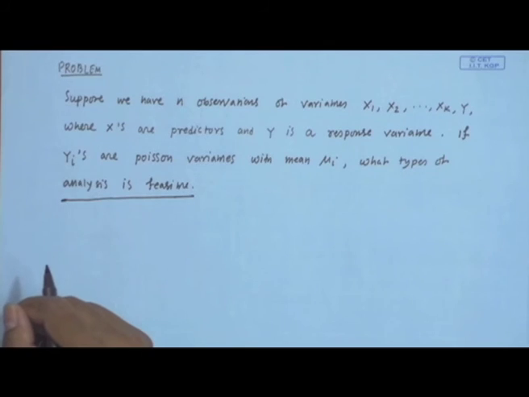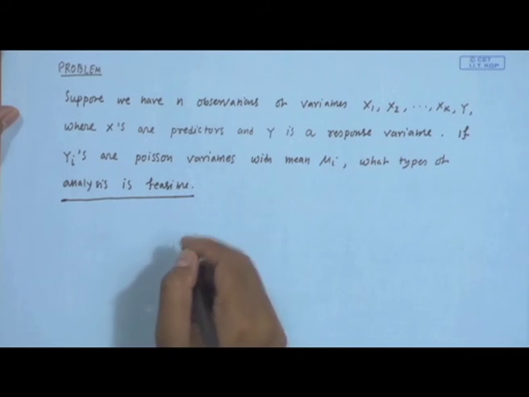So, that was the objective of generalized linear model, and here you can see that this response variable y follows Poisson distribution. Poisson distribution is a member of the exponential family. So, we will see how to solve this problem.